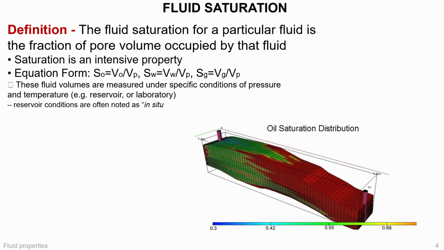Saturation is an intensive property and is always defined with respect to the pore volume. In practice, we must specify the pressure and temperature conditions under which these volumes are measured. Reservoir conditions and laboratory conditions can differ.